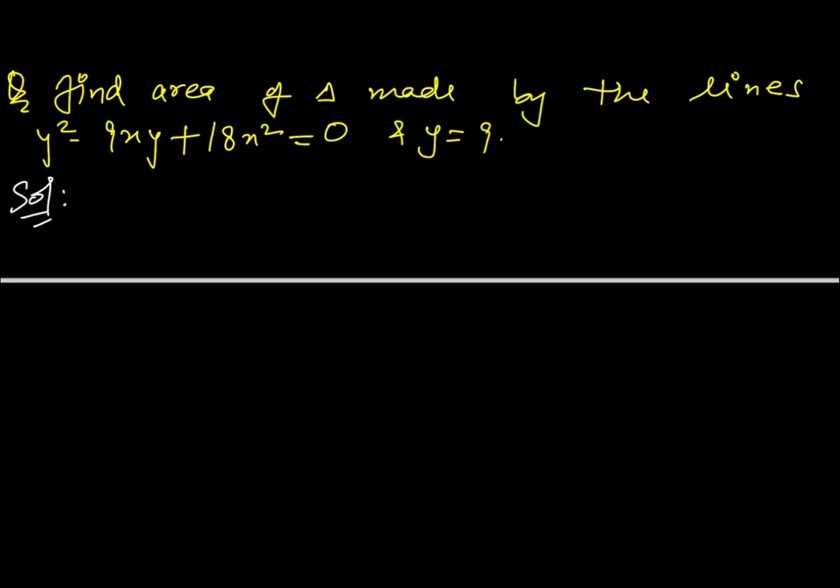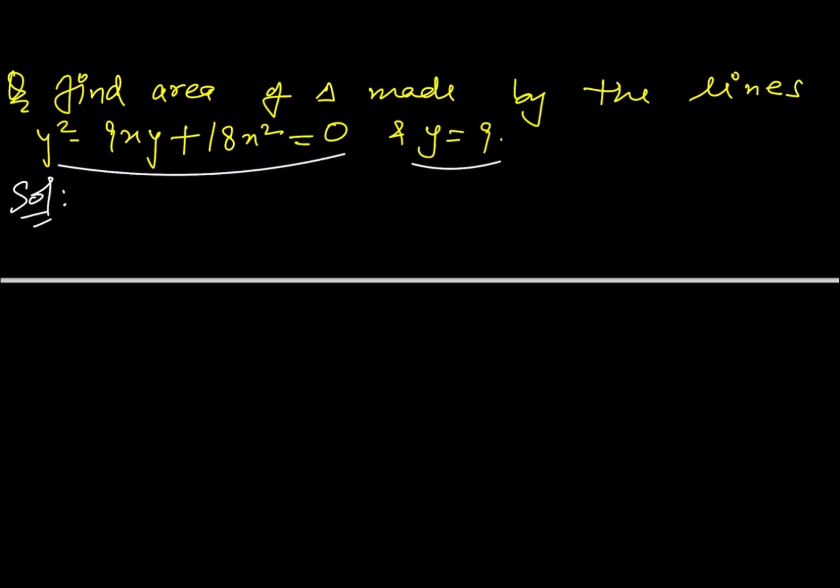So we have to find the area of a triangle, but a triangle consists of three sides. So two sides will be given by this equation, or this represents a pair of straight lines, and the third side will be given by this line, this equation.